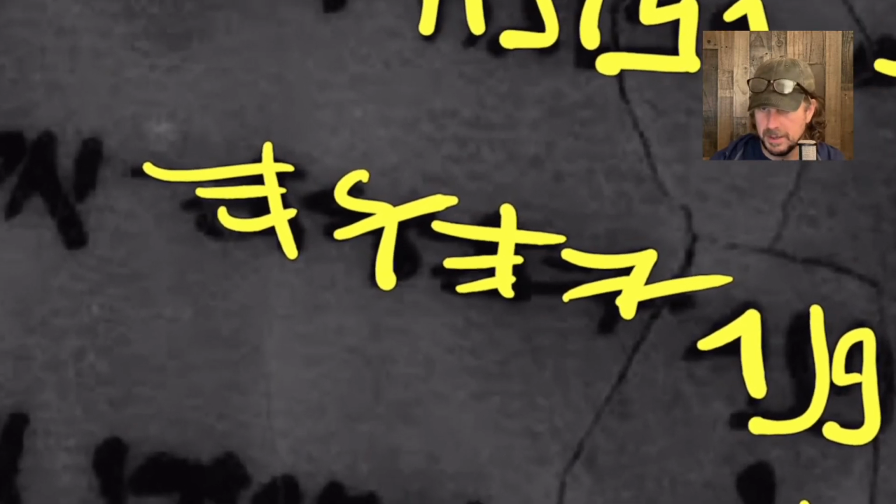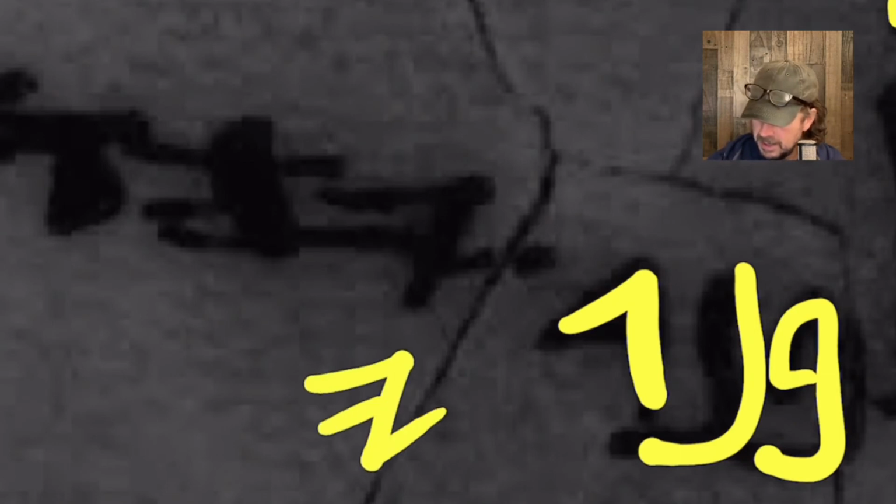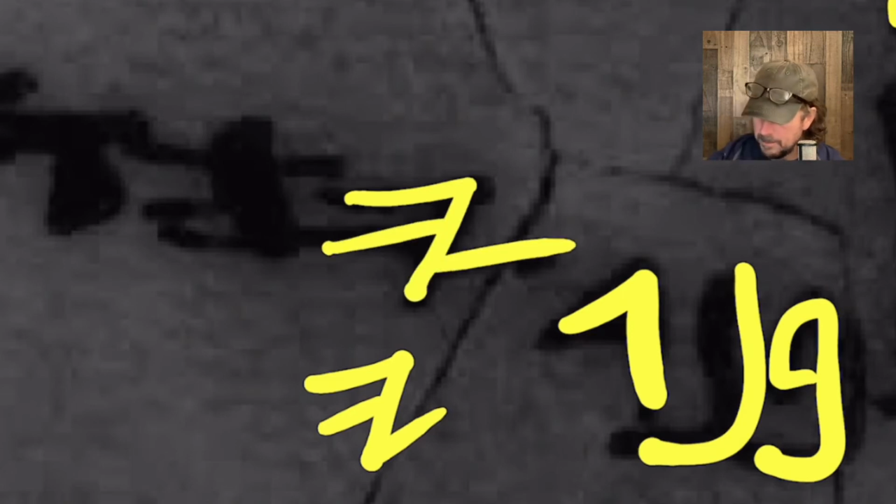Let's zoom in on that. And I'll point out to you little by little why I think it's sloppy. If we look at his Yod, what the Yod should be is this. But do you see how he does this and then two strokes? I think that's a little sloppy.